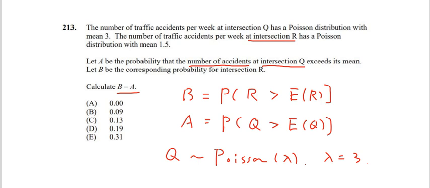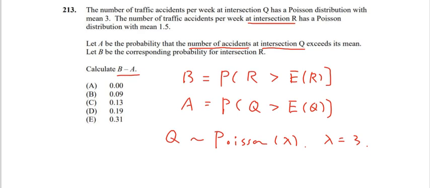And for R, R is Poisson with mu equals 1.5, right? For a Poisson distribution, we know the expectation is just this lambda and mu.